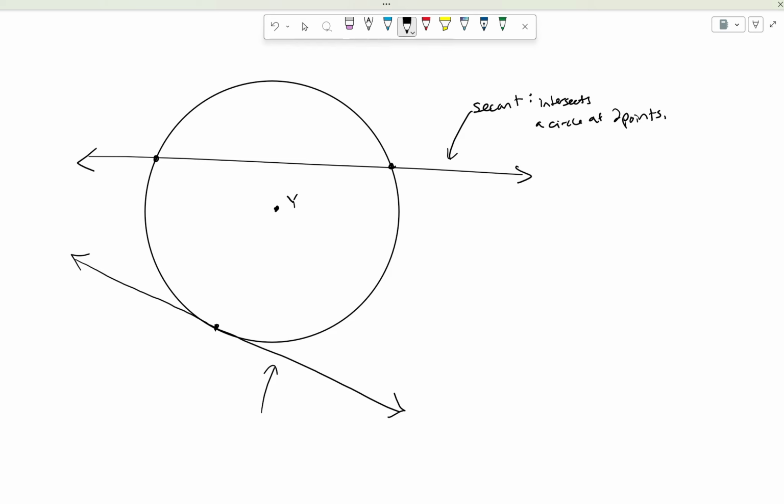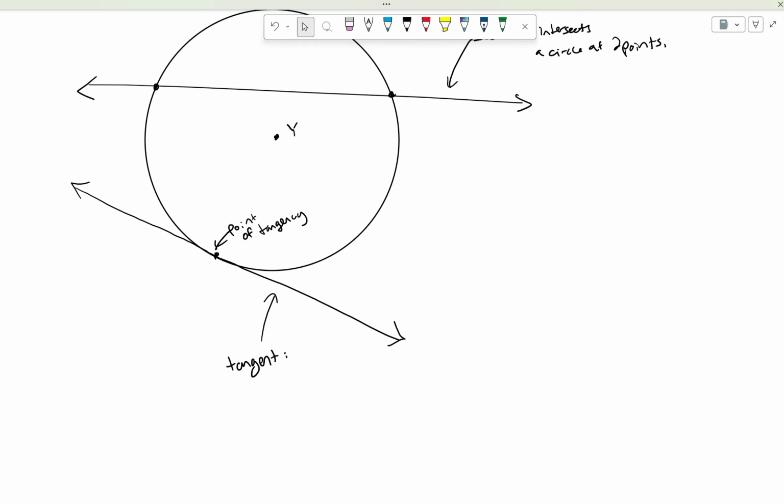And this line is what's called a tangent. So this line is tangent to the circle, all right? And this is the point of tangency. It shows there's a special relationship there, okay? And a tangent line with regard to the circle intersects a circle at 1 point.